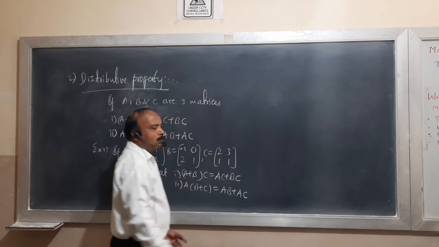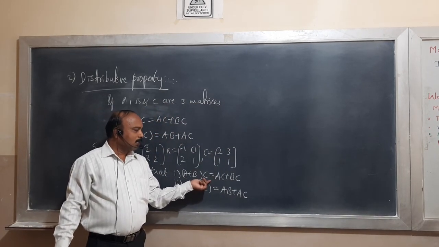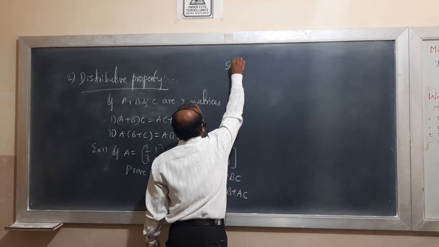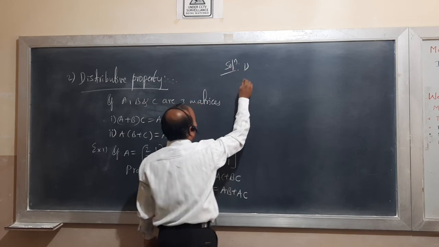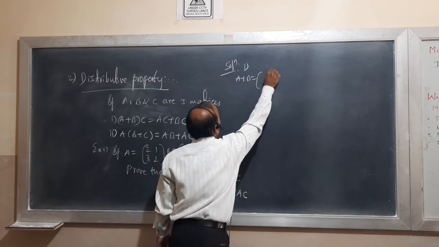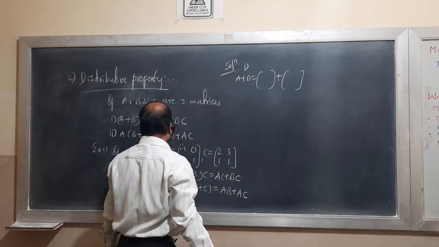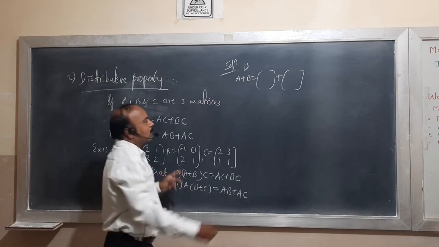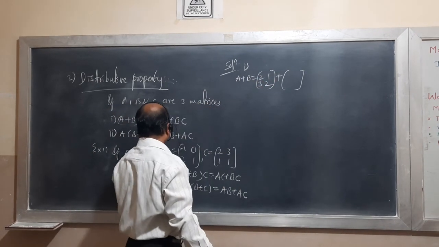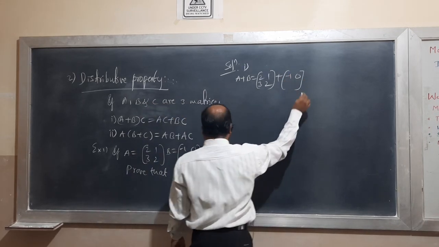In the first one, we need (A plus B) into C for the left hand side. First you calculate the left hand side. Solution. First you calculate A plus B. A plus B means we add the A and B matrices. That is [2, 1; 3, 2] plus B, which is [minus 1, 0; 2, 1].